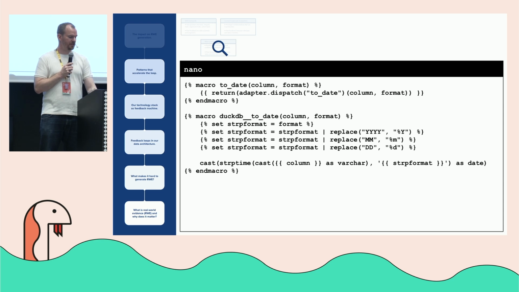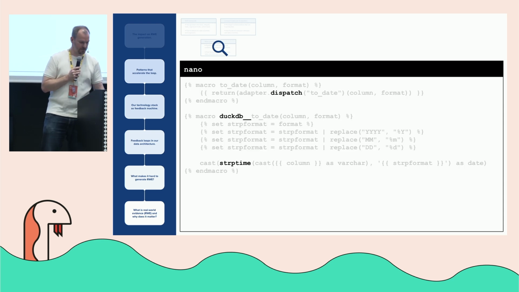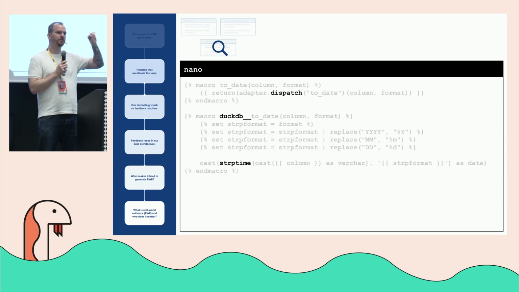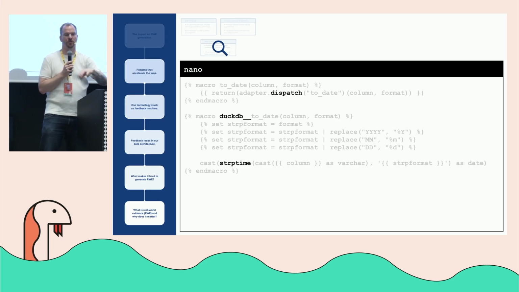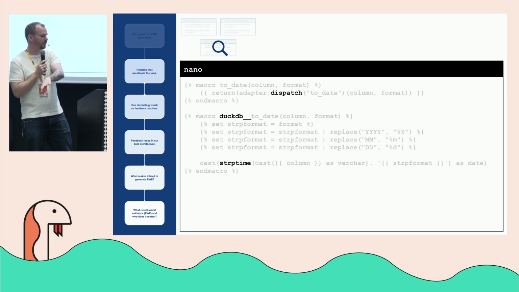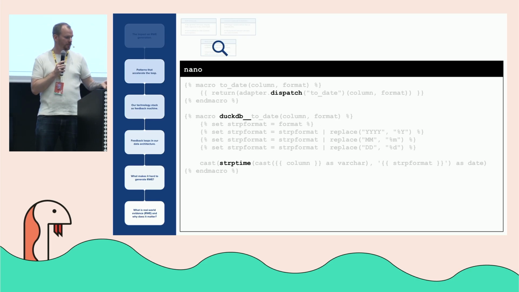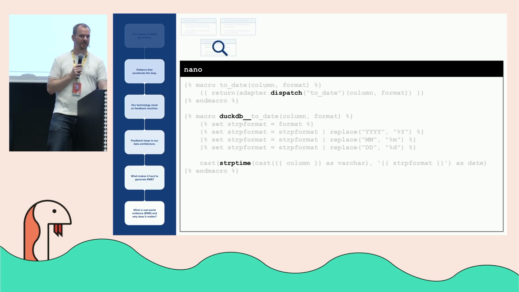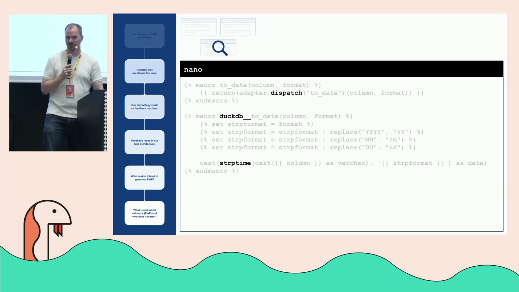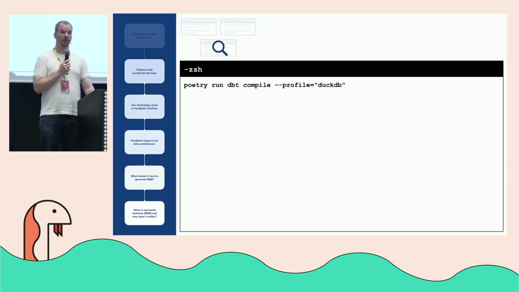So there's a dispatch mechanism: we have a toDate macro that dispatches to a backend-specific implementation, and DuckDB uses the strptime function. There are other competitors of DBT that actually compile SQL and can do this for you. For DBT, you need to write this code yourself. With that change, we can compile DBT again, this time against DuckDB.